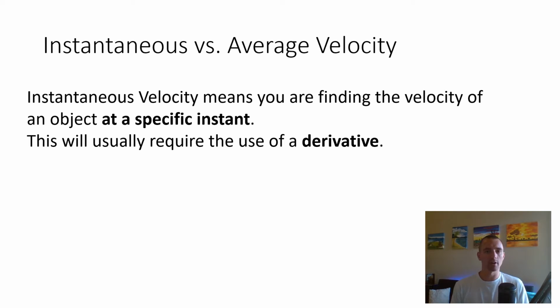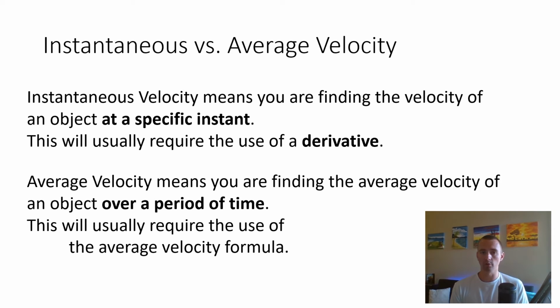Usually to find this, you have to find the derivative of some position function or height function, and you use that derivative to find the instantaneous velocity at a specific instant. However, in this problem, we're trying to find average velocity. Average velocity means you're finding, as it says, the average velocity of some object over a period of time. So keep in mind that key difference.